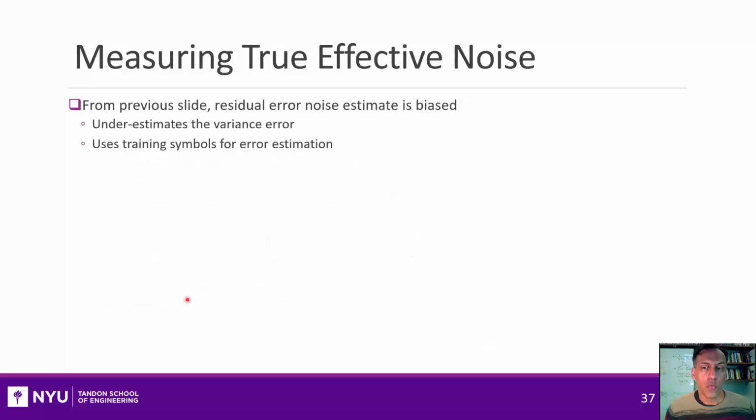Now, if you wanted to find an unbiased estimate for the effect of noise, you could do the following. We realize that the error comes out biased because you're using the same symbols on which you trained your estimator for the error estimation. One of the principles in machine learning, if you take a machine learning class, is that if you want an unbiased estimate, you get a different set of symbols to actually measure the error.